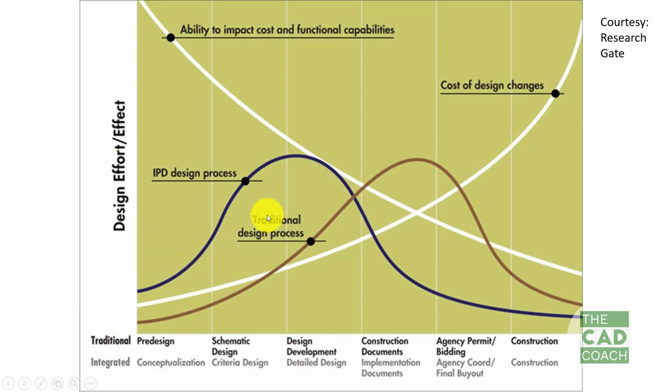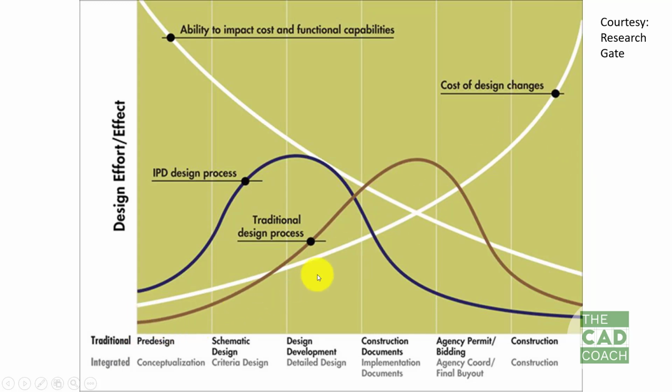Now in this graph we have four curves. The first curve goes from top to bottom, exponentially down. That is the ability to impact cost and functional capabilities. Another curve goes exponentially up from the origin.